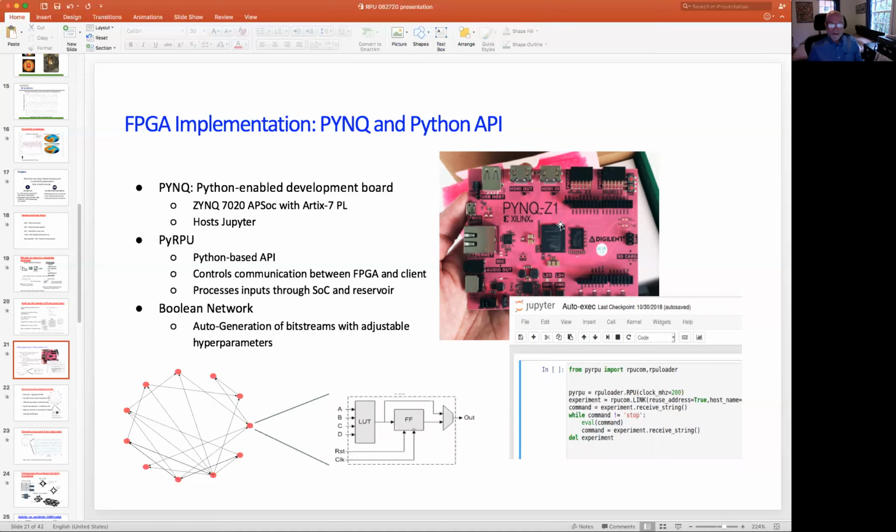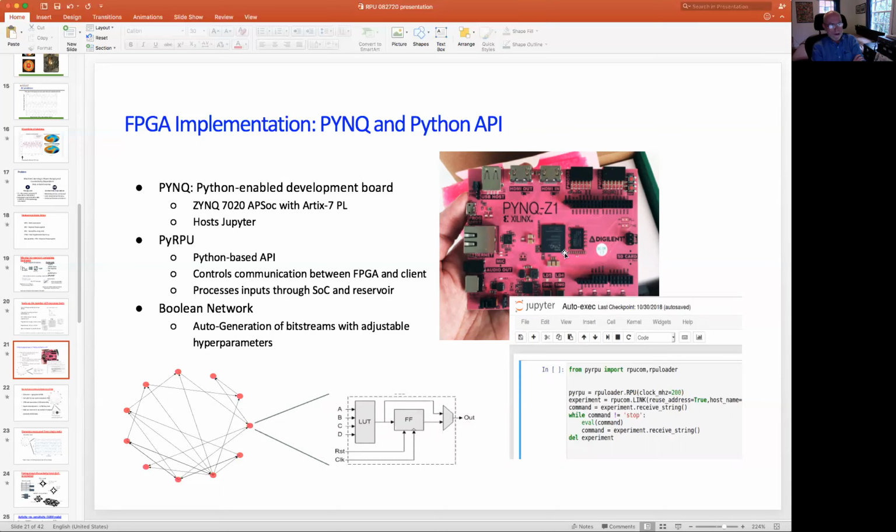Here's a Xilinx Zynq chipset on a commercially available development board. This is the PYNQ-Z1, an FPGA development board intended for education. And we've been able to implement large arrays of gates, think thousands of gates, into reservoirs on these FPGAs.